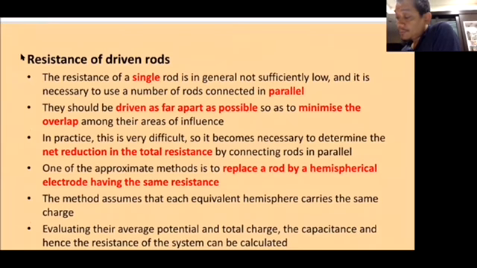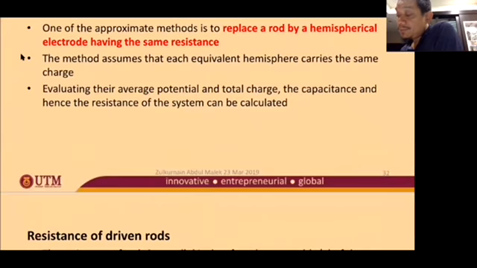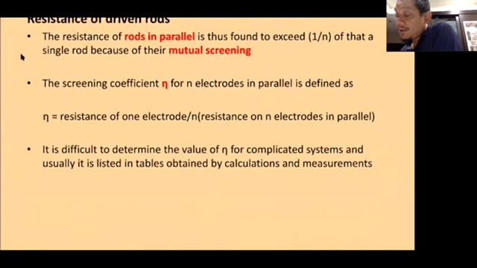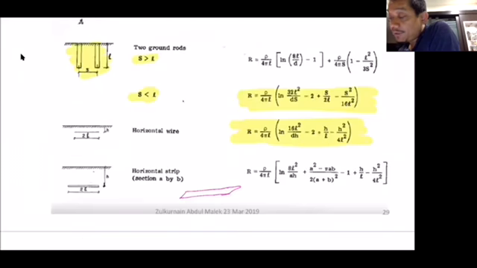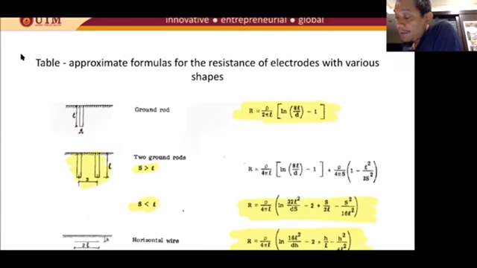Now, you can see more formulas here. If you have two rods in parallel, which one has more resistance? The single one or the double one? Single one.